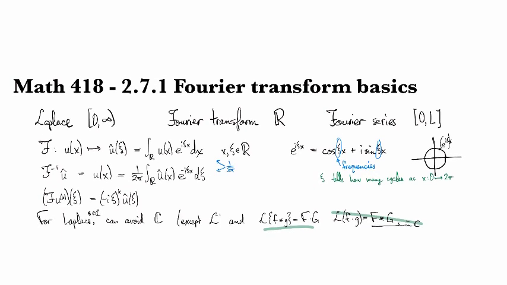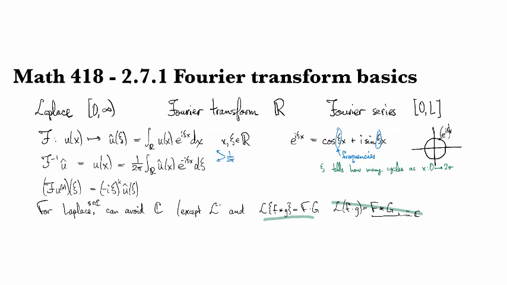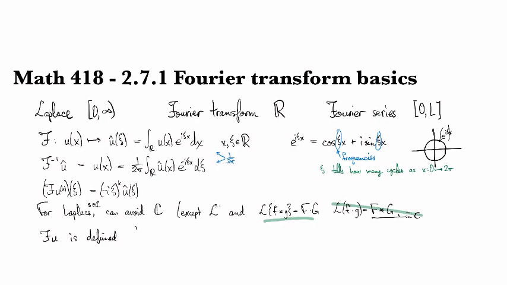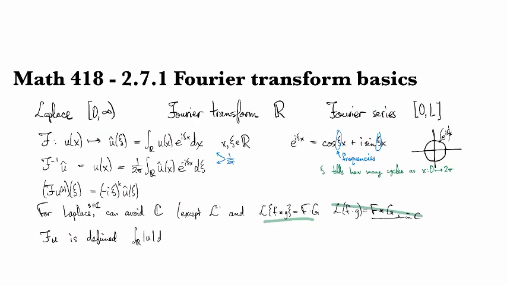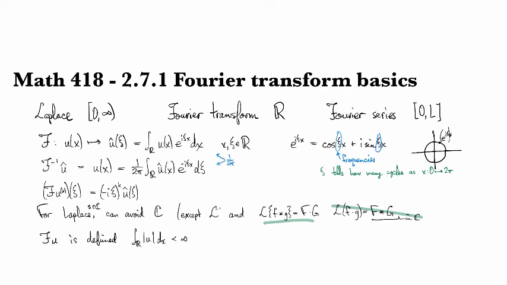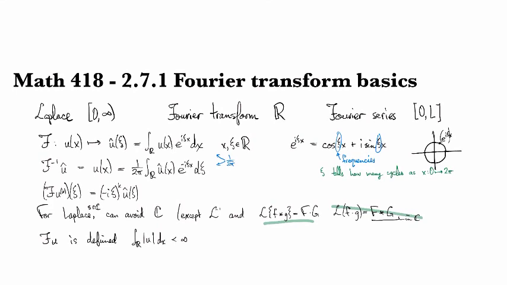So the Fourier transform of u is defined whenever the absolute integral of u exists and is finite. That's the basic case. For Laplace transforms, we required that the functions be piecewise continuous and of exponential order. For Fourier, we require this condition.